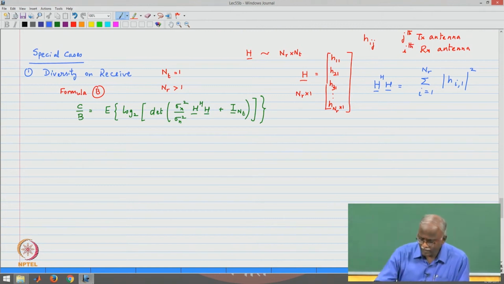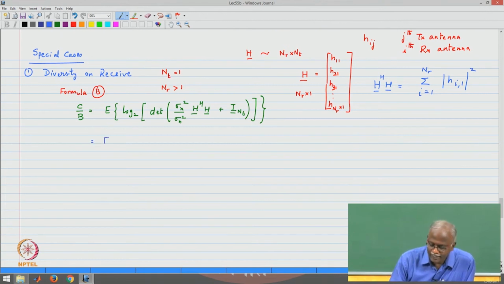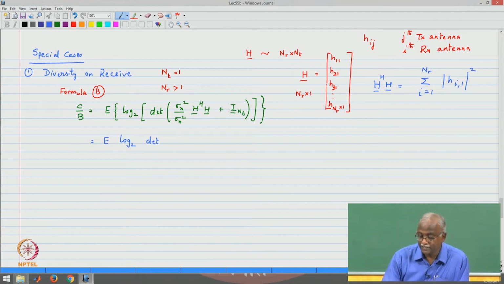Now, substituting this result in the expression, what we get is the expected value of logarithm base 2 of the determinant. Now, this H Hermitian H is a scalar.